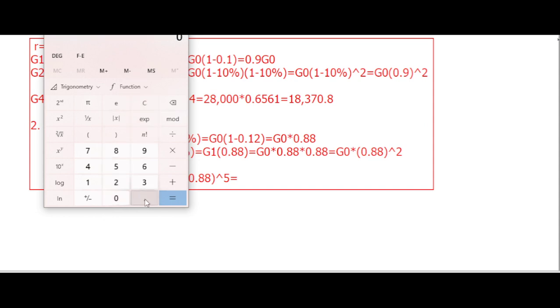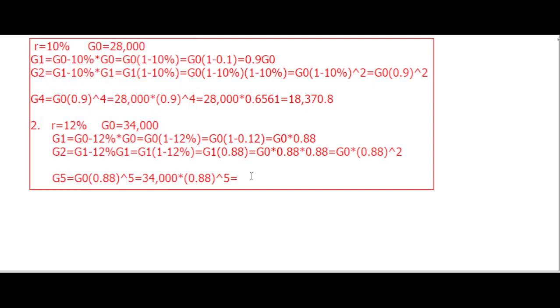We can easily compute 0.88 power 5. This is equal to, let's take 2 decimal places, 0.53 times 34,000.